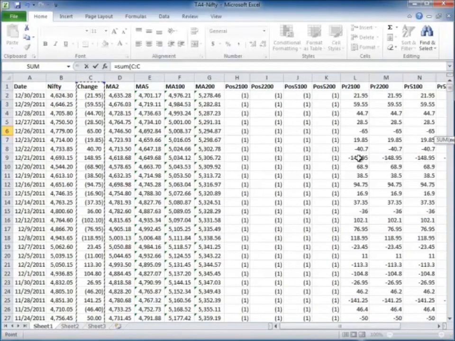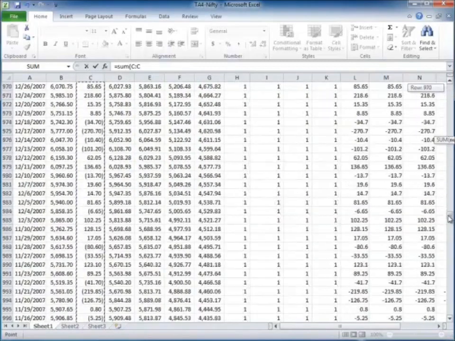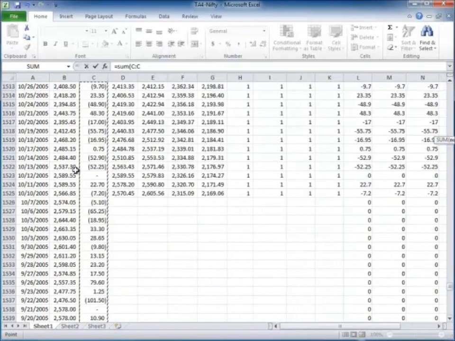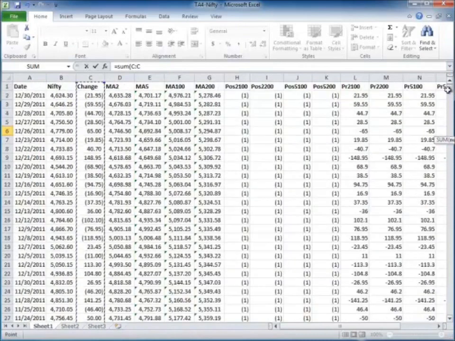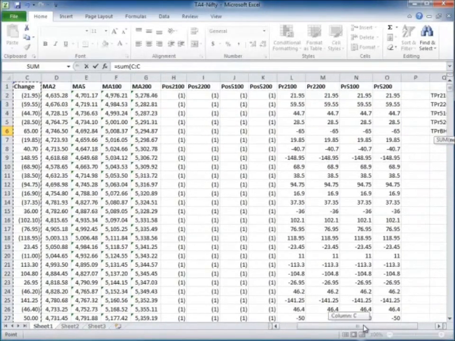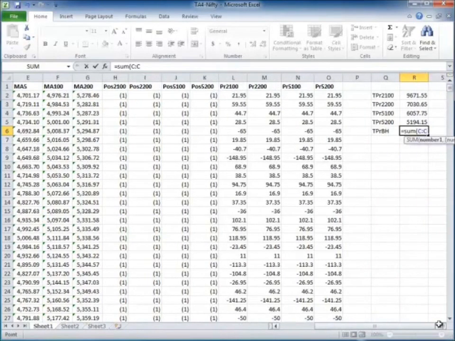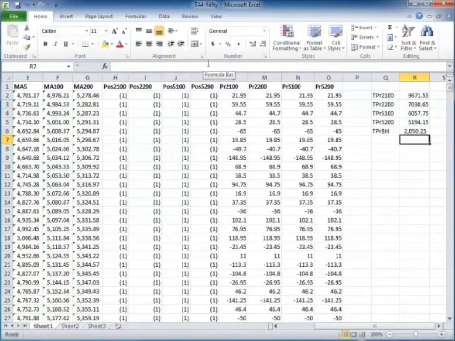Okay, because essentially all we're doing is, if we have a position of 1 on every single time, and we'll just do this up to row 1525 to have a good comparison.